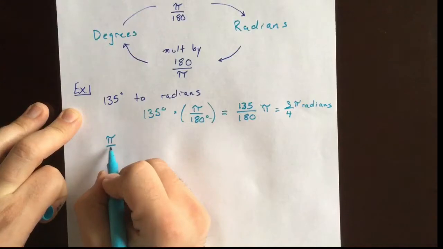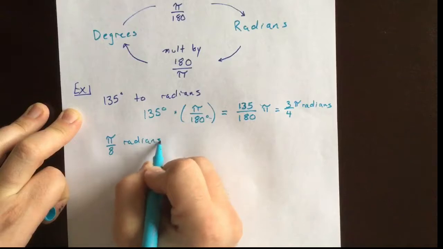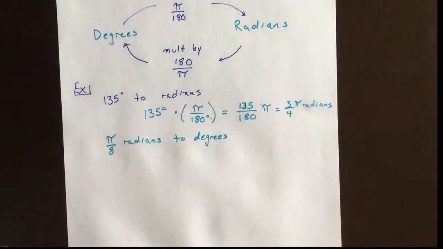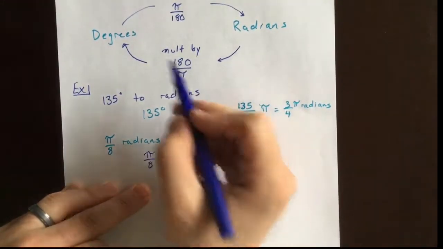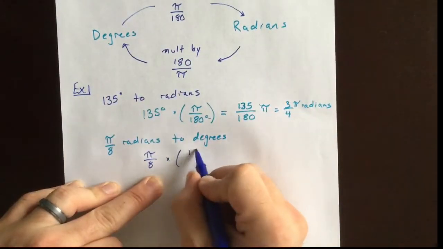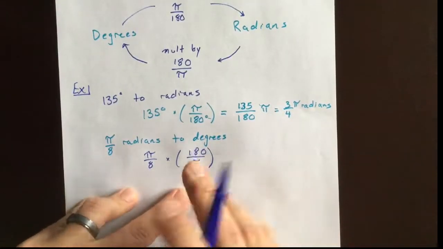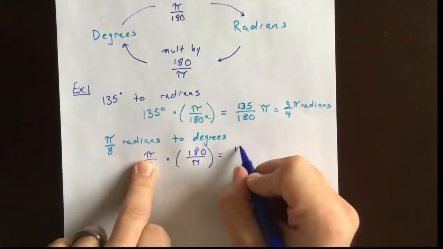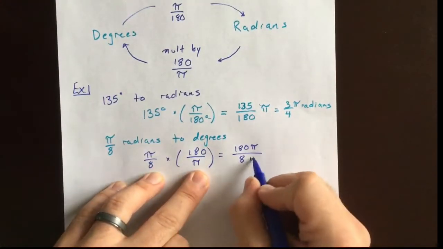All right. So what about 1/8 pi radians? We want to convert this to degrees. So how do we do this? We have 1/8 pi, multiply by 180 over pi. What's really nice, and you'll see this soon, is when we multiply the two, I get 180 times pi, which I really don't want to mess with, over 8 times pi.